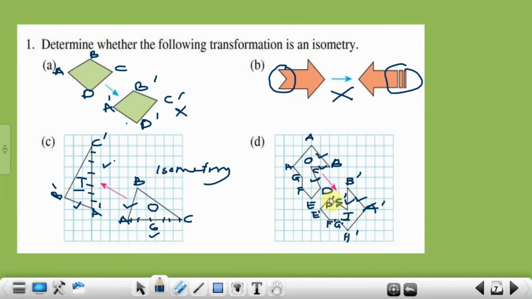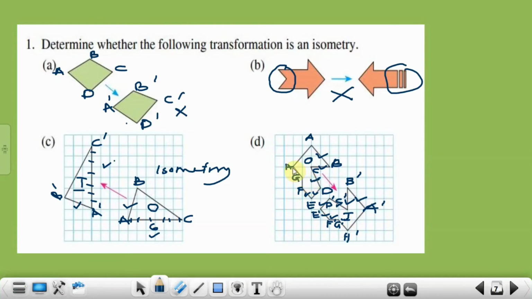Okay, now D to E. It consists of the diagonal of 1 box. Same goes here. So it is also congruent. Okay, E to F, the diagonal of 1 box. This is also the diagonal of 1 box from E prime to F prime. So it's congruent. Okay, F to G, 1 box. Same goes here. So congruent.